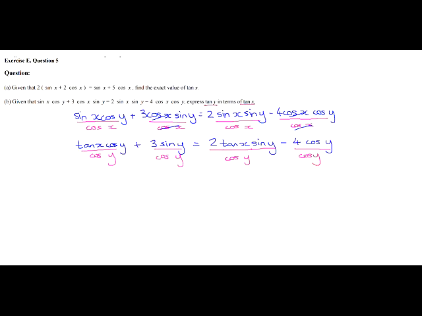Okay, so let's fill this one in. So they're going to cancel. That leaves me with tan x. That's going to give me 3 tan y. This is 2 tan x tan y. It's going to get a bit interesting in a minute. And these cancel out, so that's going to be 4.